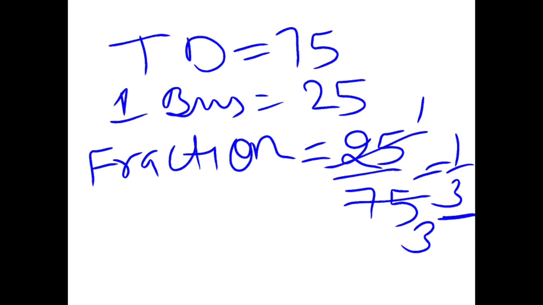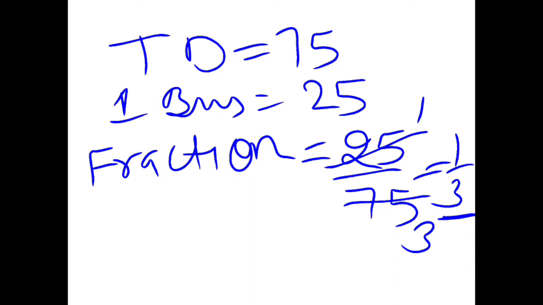Okay. Now we have to find out the left distance that they have to cover, what fraction of the distance. So we have to find the remaining distance in fraction.